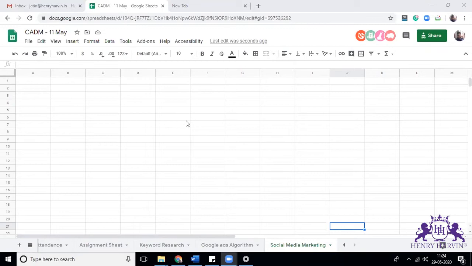Like what happened recently with TikTok, if you guys know or don't know, their rating went from 4 star to 1 star in just a week on Google Play Store. This is also part of ORM.